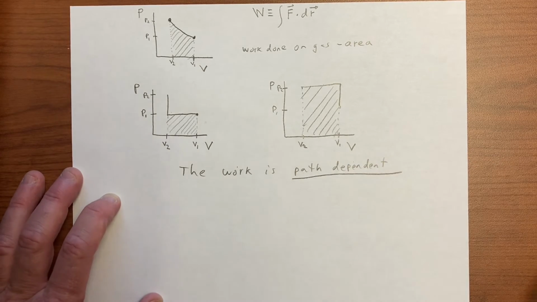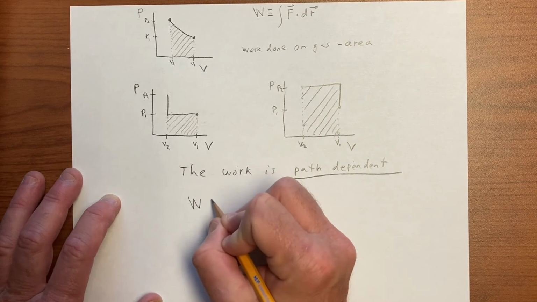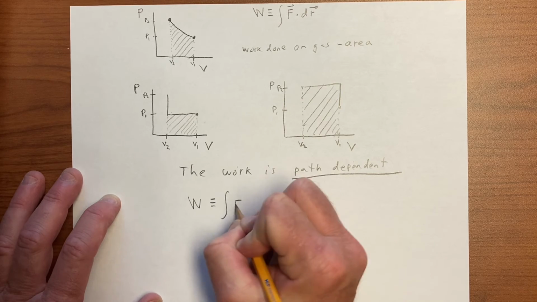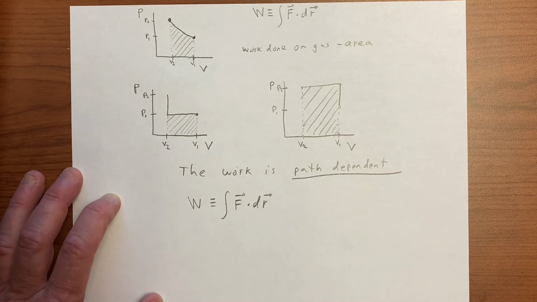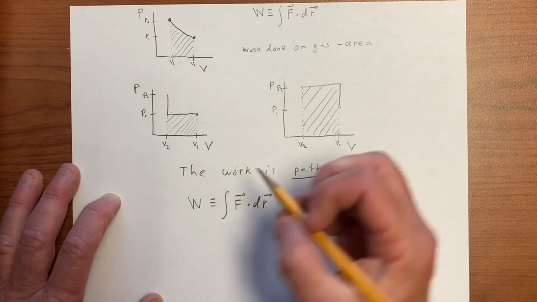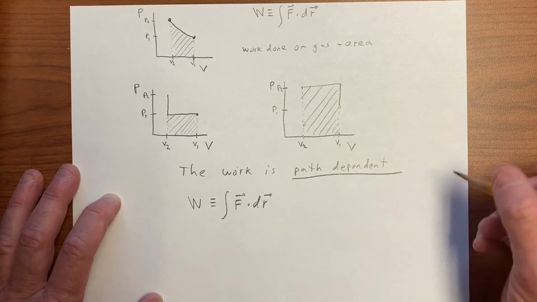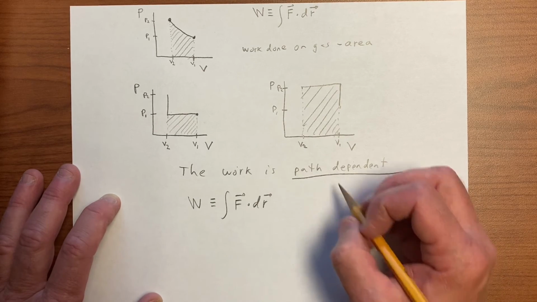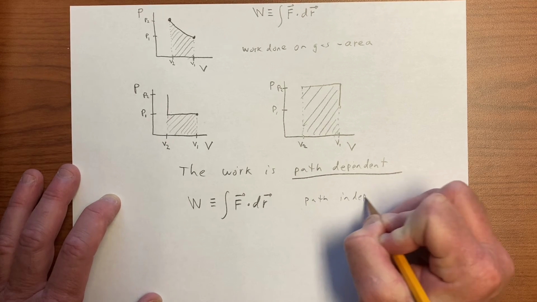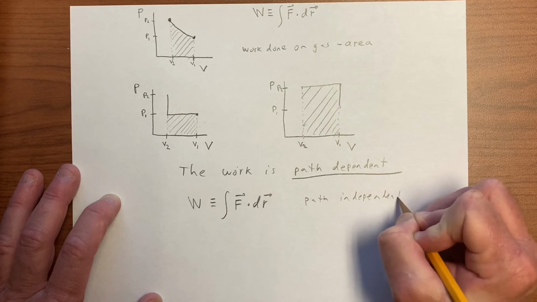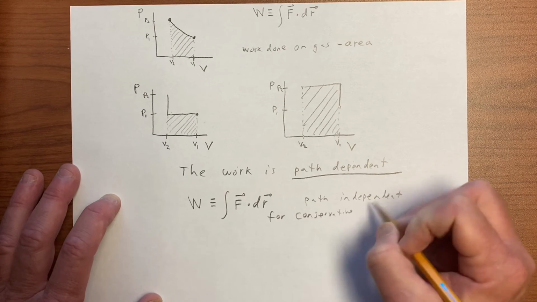Okay, so if we remember, we talked about the work, which, of course, by definition in physics 1, we were dealing with mechanical energies. We defined this quantity, the integral of the force over the distance. And for conservative forces, we found that this was path independent, right?